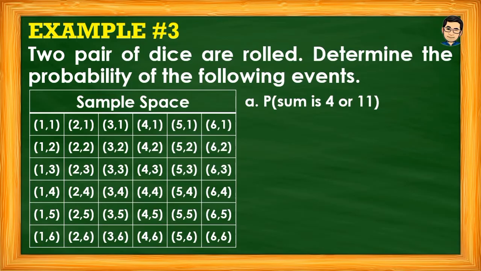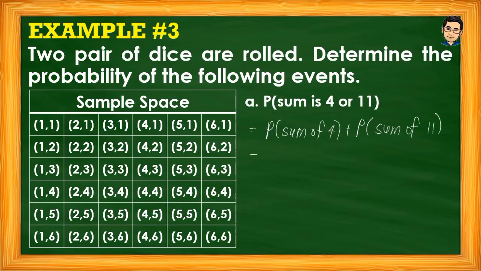So, ibig sabihin po dito, kailangan natin kunin yung probability na yung sum is 4 and then yung probability na sum is 11 and then i-add lang po natin yon. Okay, so ating solution, probability sum of 4 plus probability sum of 11.